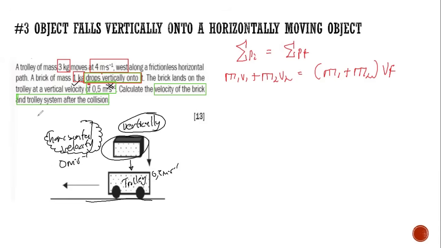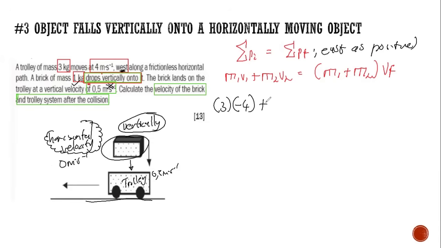Now when we substitute, mass 1 is 3 kg, and velocity is 4 meters per second west. Remember, we are always taking east as positive, so the western direction has to be indicated as negative.